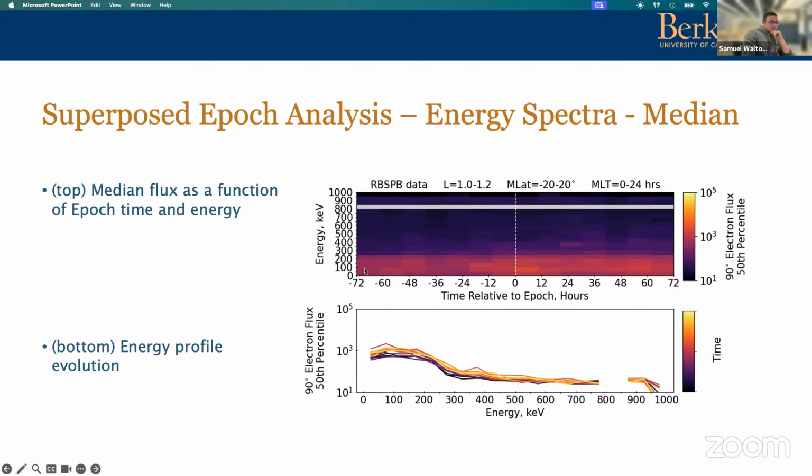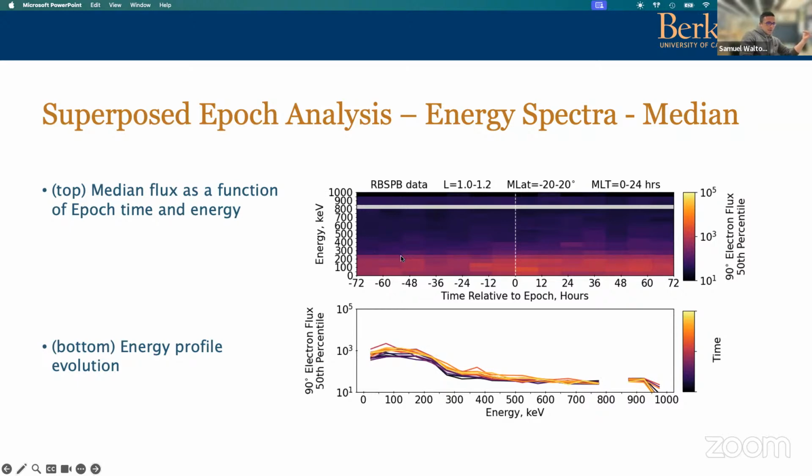So what we can take away here is that during the course of a storm, there's this kind of interesting cliff edge at about 200 to 300 keV. I think it's about 250 keV, where we tend to get electrons down below L of 1.2, and this aligns with other studies.